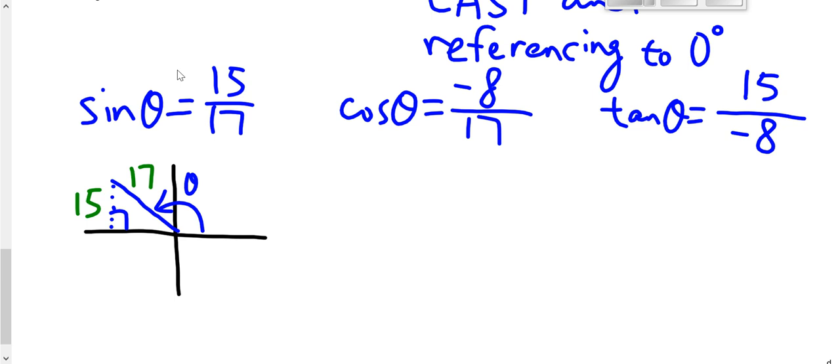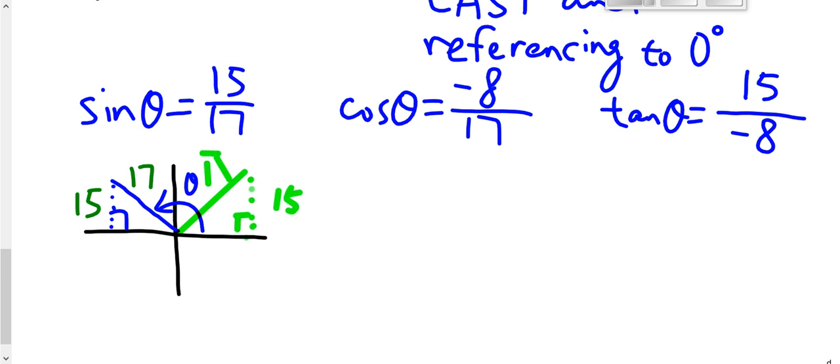When it says a height of 15 and a length for the hypotenuse is 17, you can also sketch it this way. 15 and 17.